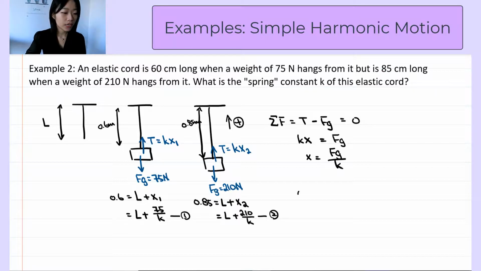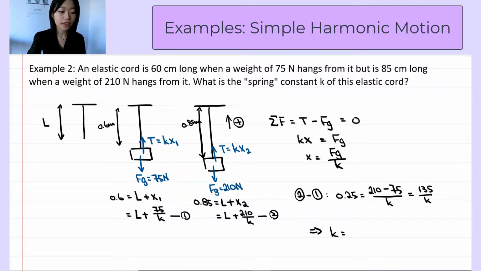Now let's do equation 2 minus equation 1. Left hand side would be 0.25, and the right hand side, L minus L is 0, and the second term is 210 minus 75 over K, which equals to 135 over K. Now we can solve for the constant K, or the spring constant.